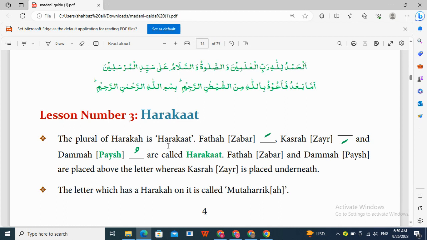Harakat is the plural of haraka. What is meant by haraka? Basically, haraka is a vowel mark, just like zabar, zer or pesh. When we combine these terms, it is called harakat. Okay, got it?